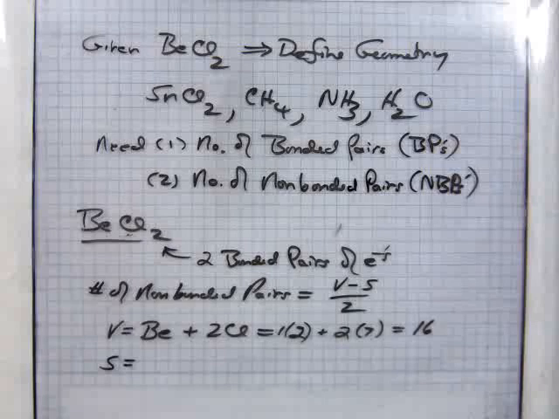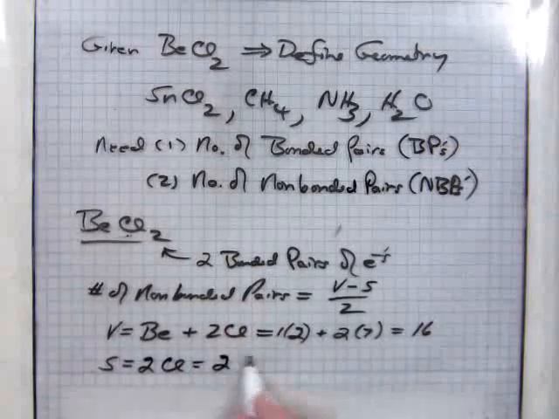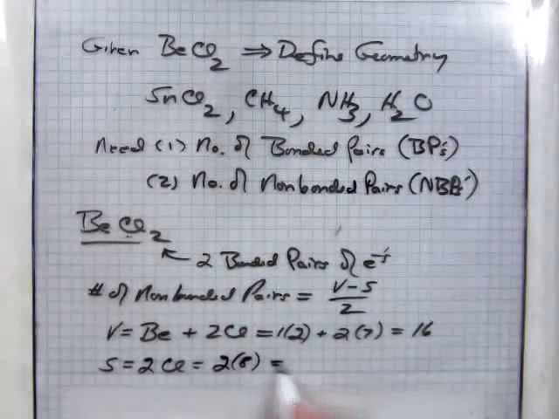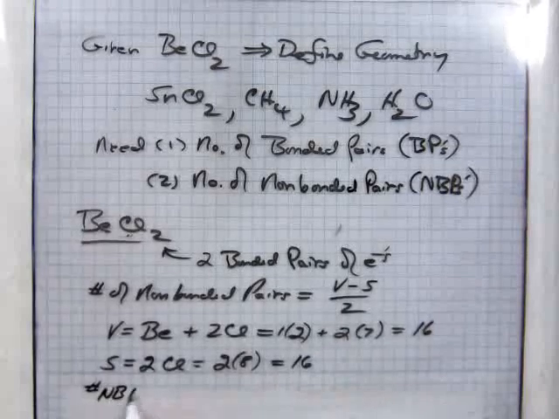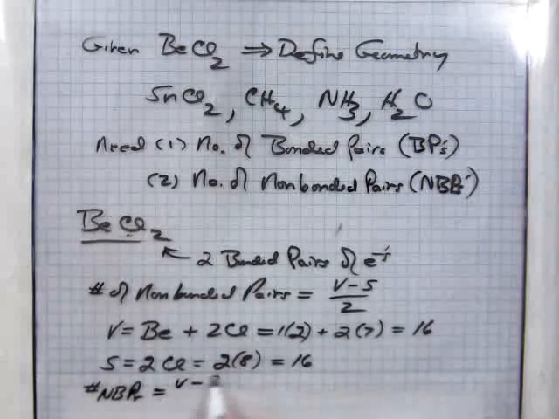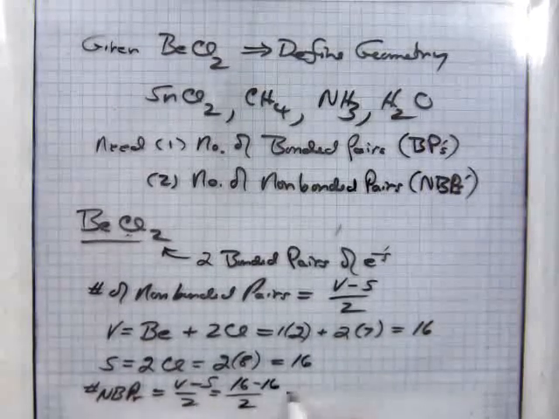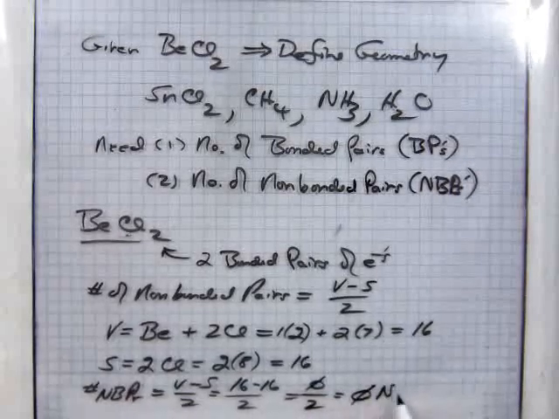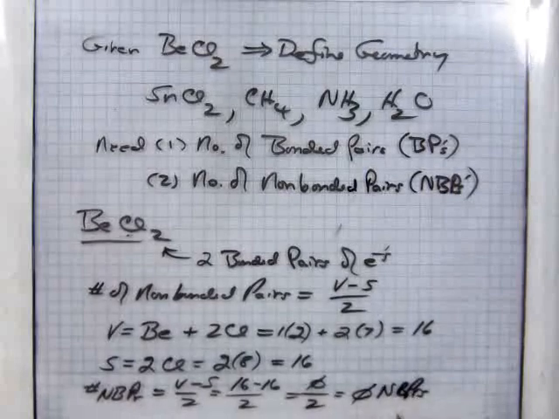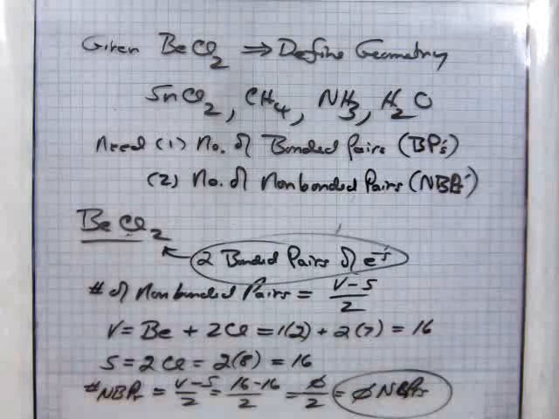That's all you want to worry with, the attachments. And since there are 2 attachments, that's 2 chlorides, and when they're full, they are full at 8 electrons, and that's 16. So the number of non-bonded pairs is valence minus substrate over 2, 16 minus 16 over 2, which is 0 over 2, and 0 non-bonded pairs. And the bonded pairs are up here.